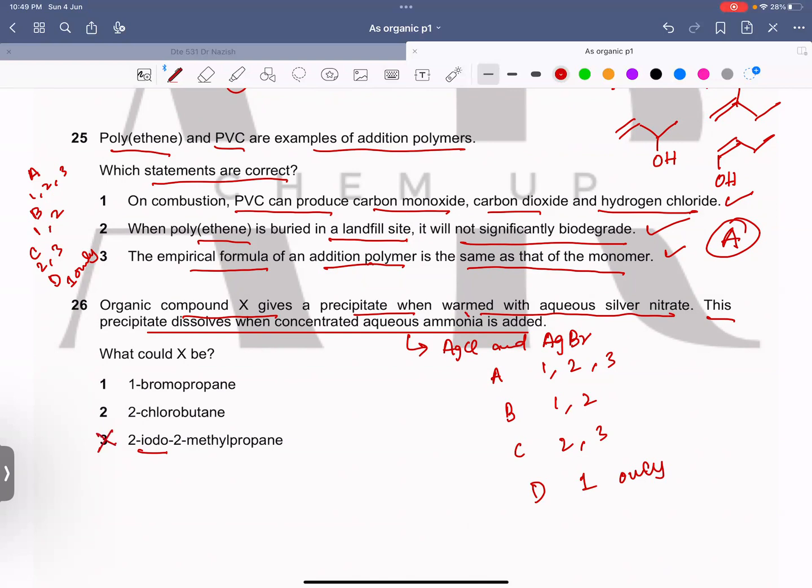And if 3 is wrong, then 1 and 2 are correct. In this case, B is your correct answer, because this would give you silver bromide, which will dissolve in concentrated ammonia, and this will give you silver chloride, which also dissolves in concentrated ammonia. I hope this is understandable to everyone.